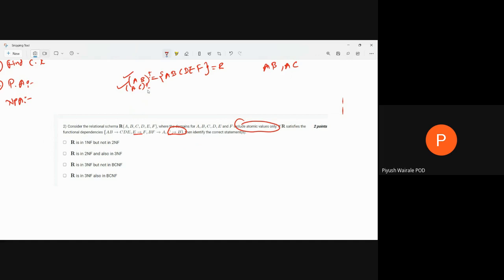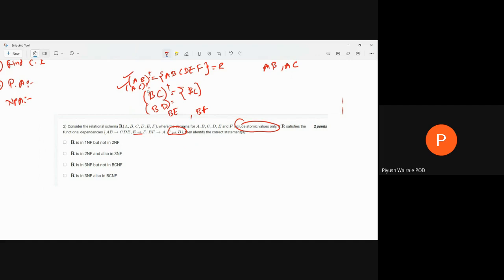Now let us check BA, BC. BC only, right? Then BD, BE, BF. What we have to do is just see whether AB or AC are coming in the closure.